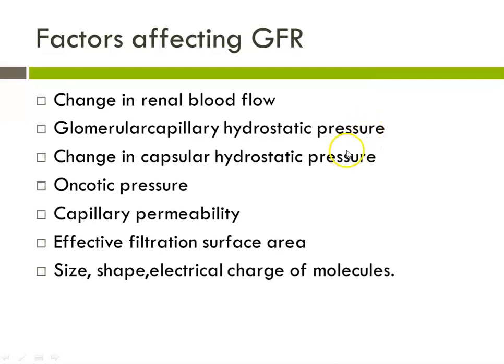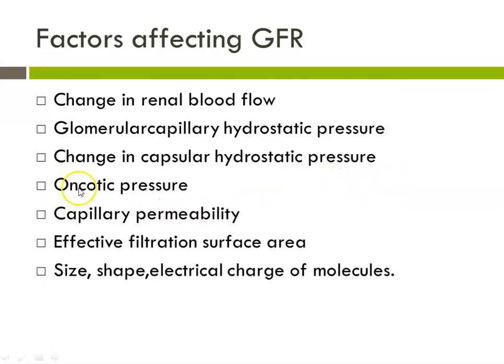When the afferent arteriole dilates, the hydrostatic pressure increases, and this increases the glomerular filtration rate. Next, change in capsular hydrostatic pressure. If there is any obstruction in the Bowman's capsule, the capsular hydrostatic pressure increases. This causes a decrease in the GFR, because this is the negative force.